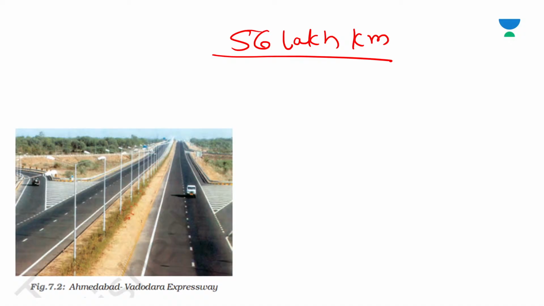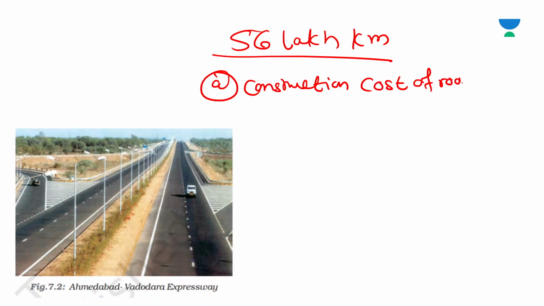So the growing importance of road transport, vice versa rail transport, is rooted in various reasons. First, the construction cost of roads is much lower than that of railway lines.